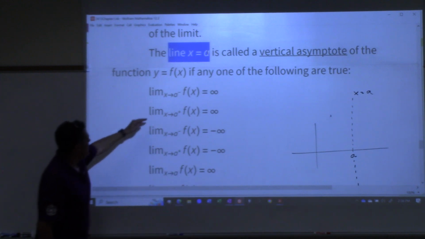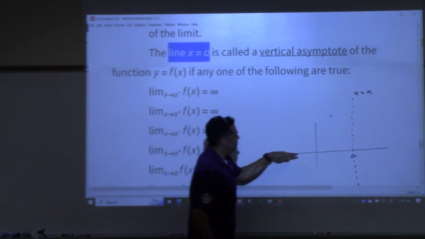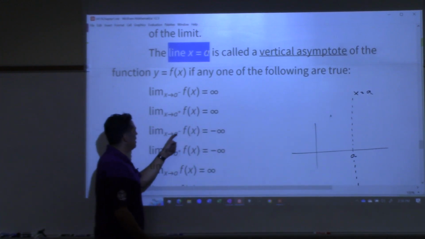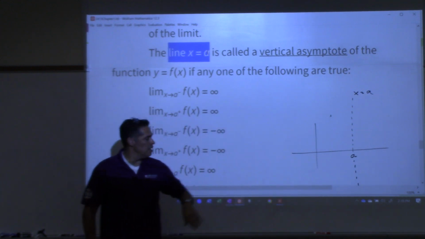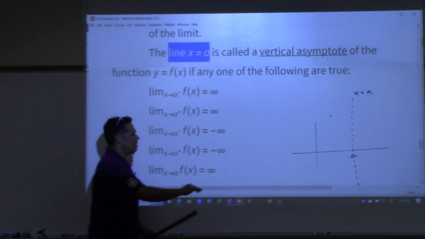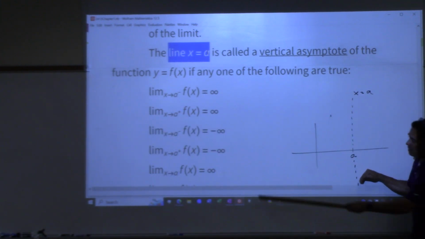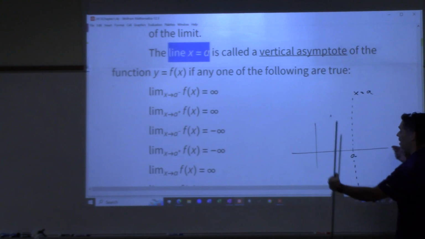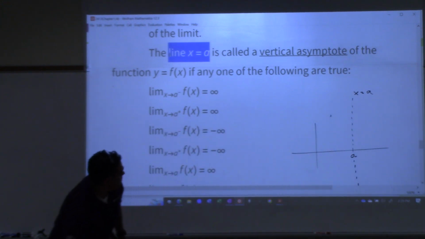First of all, if we come into a from the left and we go to infinity, then we've got a vertical asymptote. If we come into a from the left and we go to negative infinity, that's a vertical asymptote. If we come into a from the right and go to infinity or negative infinity, we call that a vertical asymptote. If we come into a from both sides and it goes to infinity or negative infinity, we have a vertical asymptote.